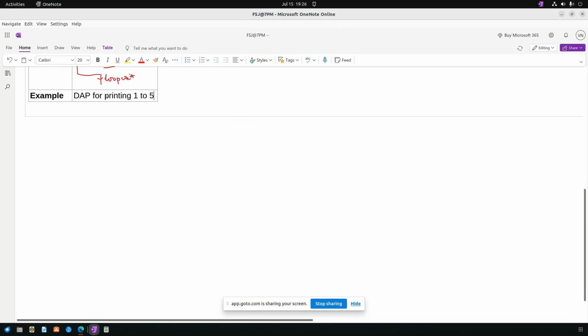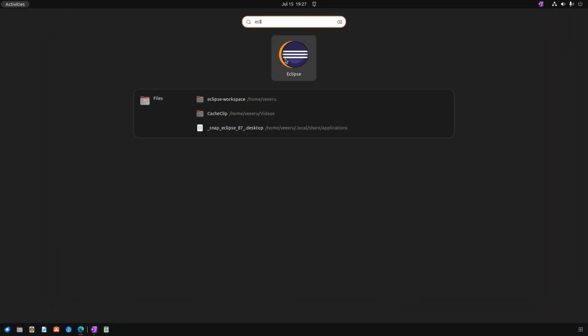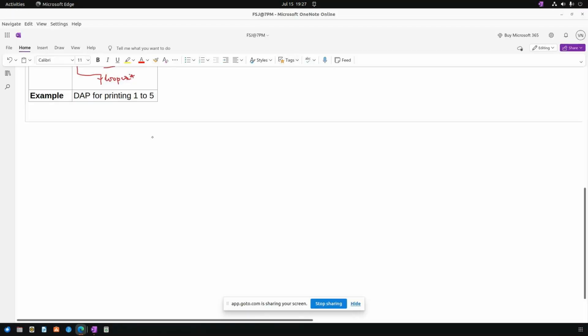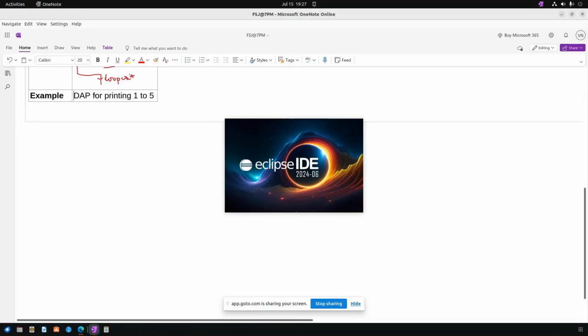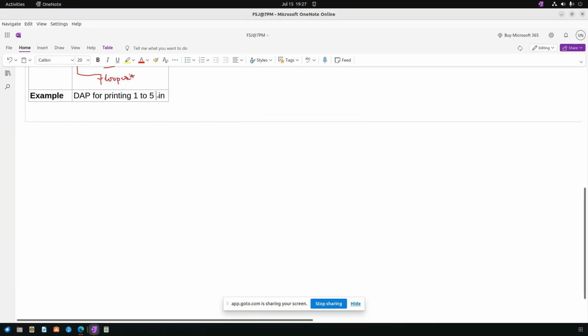We will try and understand the flow first. Initialization will remain the same. The initialization basically is going to be int.